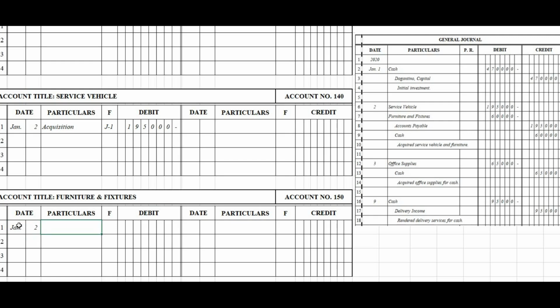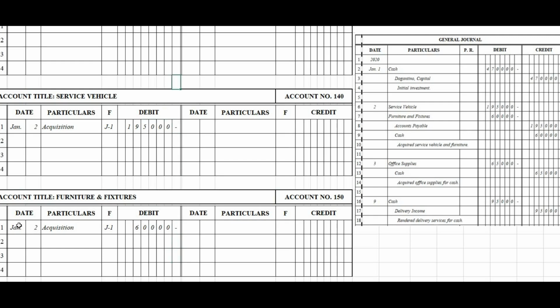So, yan, medyo tedious siya, pero, again, this is the easiest na step in the accounting cycle, because you just have to copy. You just have to transfer what you have already analyzed in the general journal. And then for your credit side, you have accounts payable and cash.